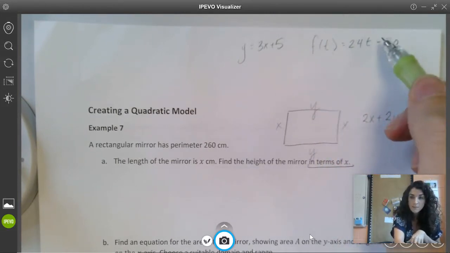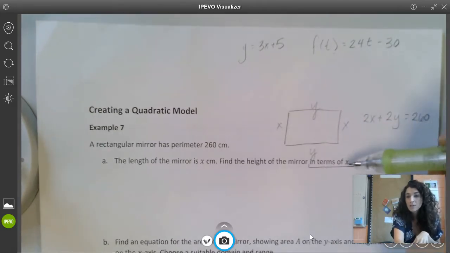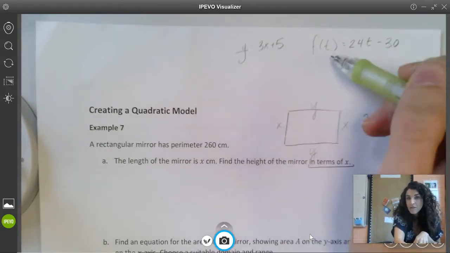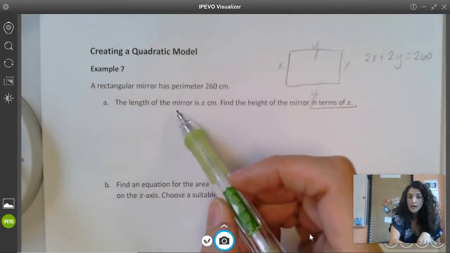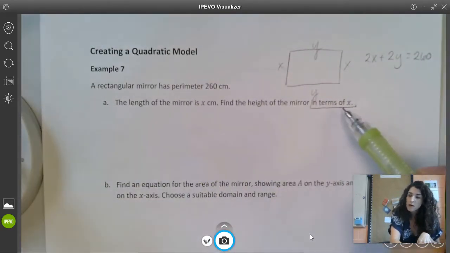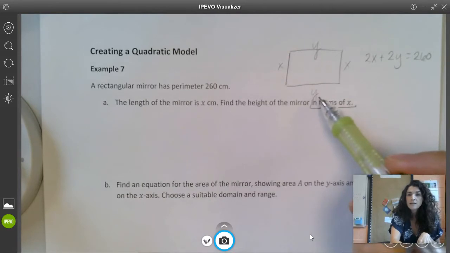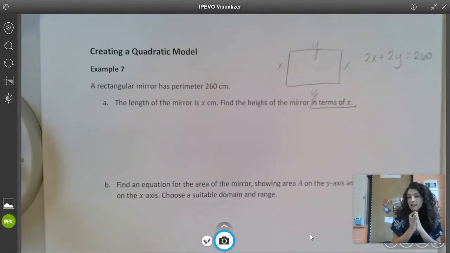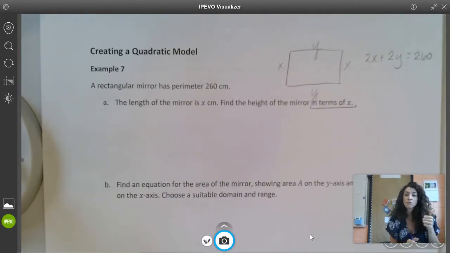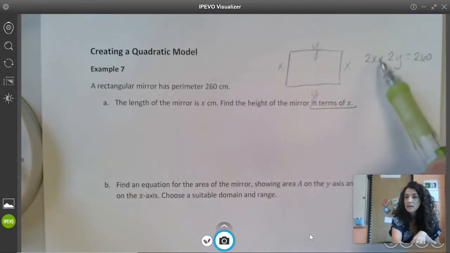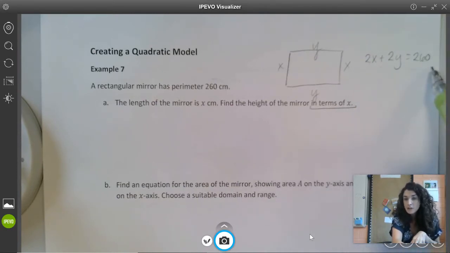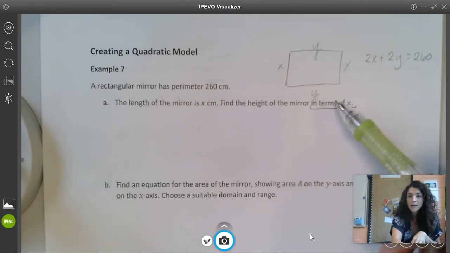That's all it means: we want our input to be x and the other variable isolated. I'm looking for a relationship that connects the two. I've been given that it's a rectangle and that it has a perimeter, and because I took that information from the very beginning, I already have a relationship that involves y and x.